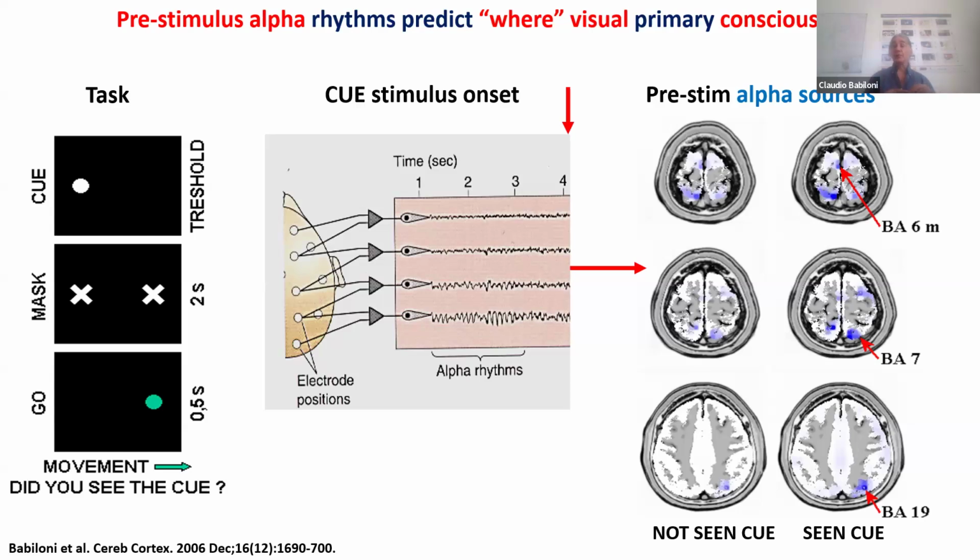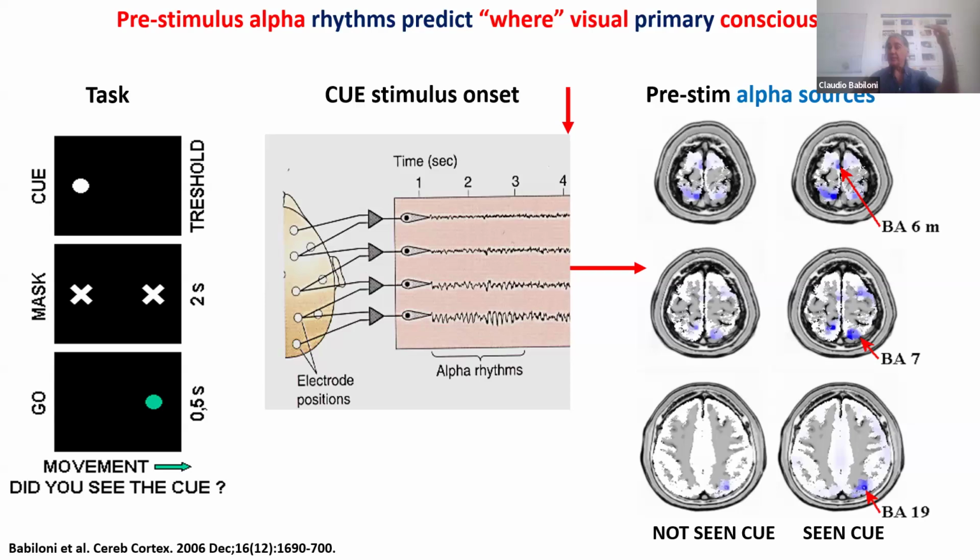And based on the verbal response, seen, not seen in relation to the cue stimulus, we could have two subsets of EEG epochs.